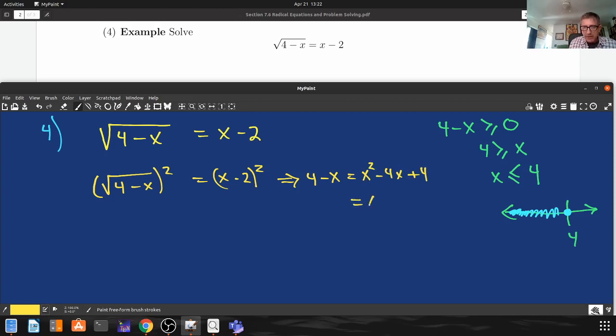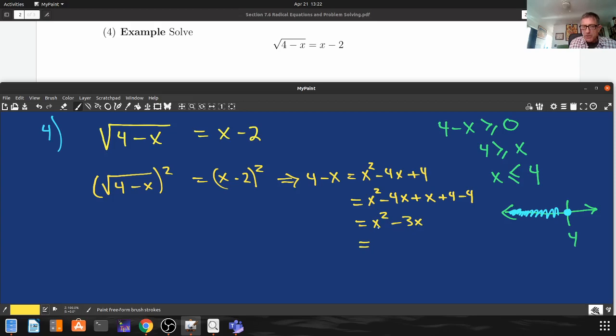So I've got to bring all of these other terms over. So my minus x comes over, becomes plus x, and my 4 comes over and becomes minus 4. So x squared minus 4x plus x is minus 3x, and 4 minus 4 is 0.